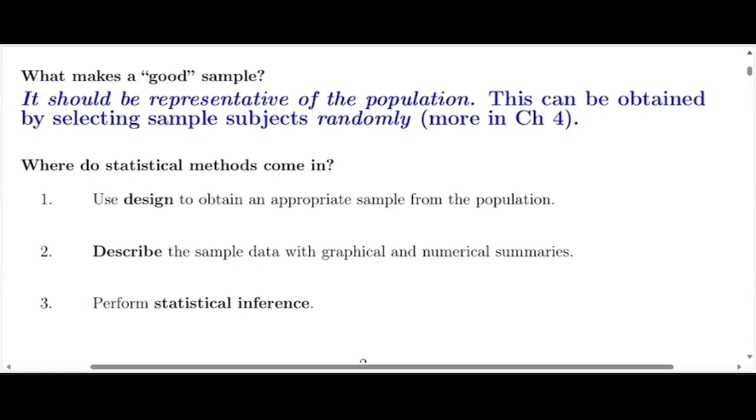Okay, the statistical method comes in when you are having your design, when you are having your plan to collect your data, the method of data, and so on like that, to ensure that at the end of the day, you have a reasonable result. Then statistical method will come in when you are trying to describe your data. Describing your data, it depends on what you are looking for.